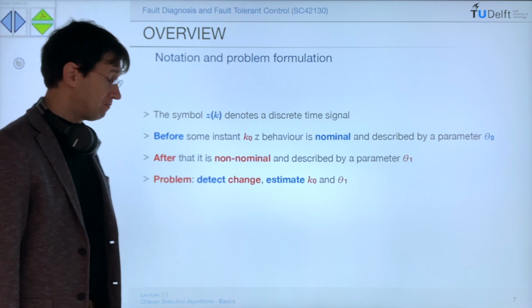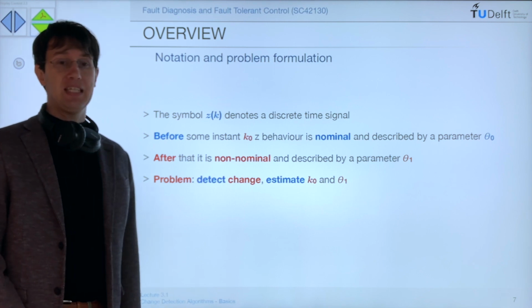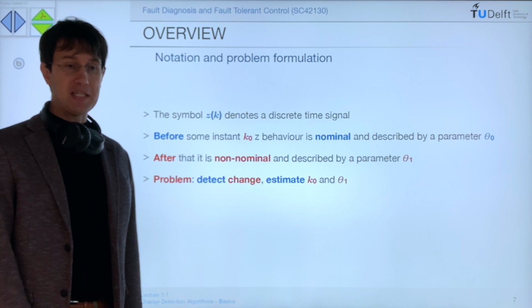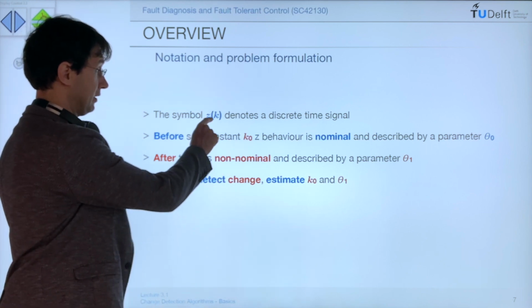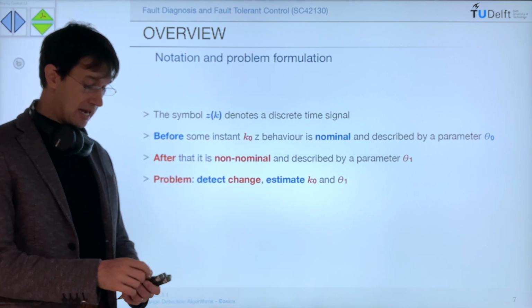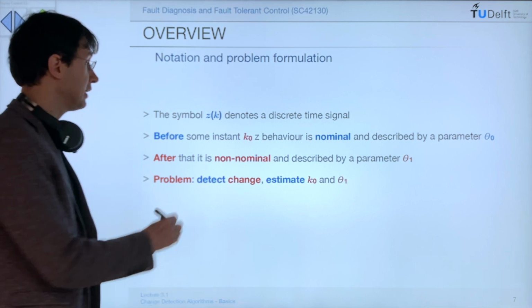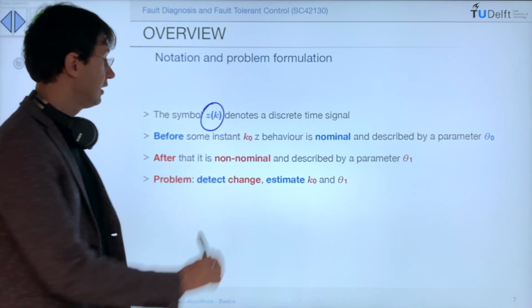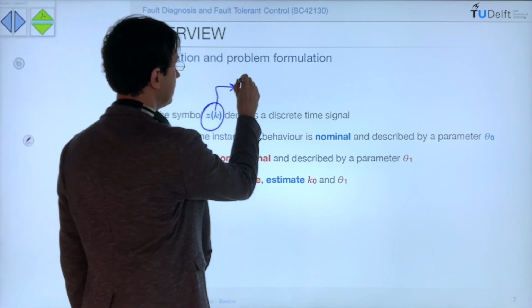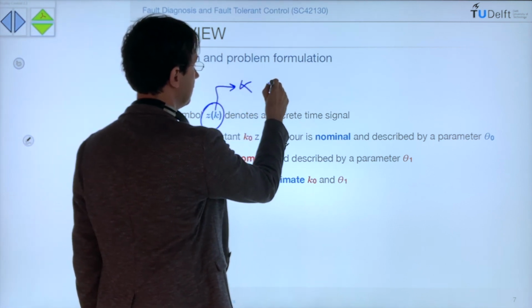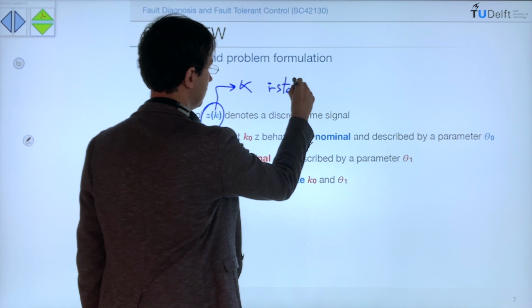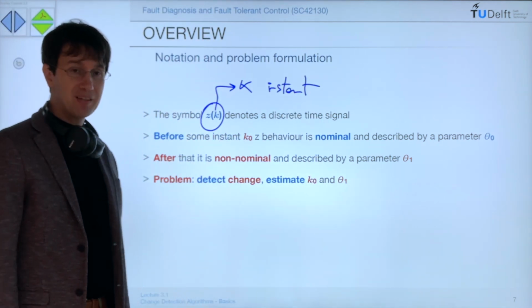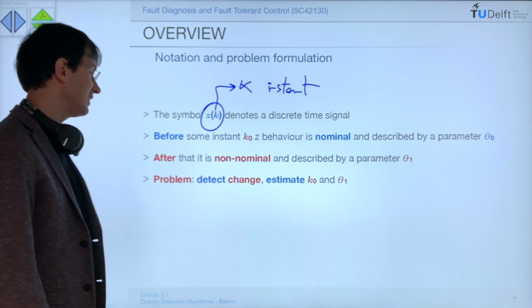First of all, the signal that is going to be checked by the change detection algorithm will be denoted by z(k). This notation tells us that z is a discrete time signal and k is the discrete time instant. What we are looking at is detecting this situation.